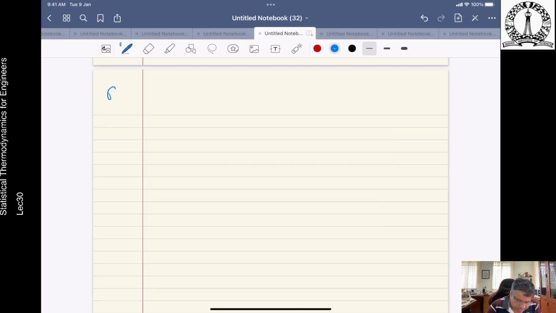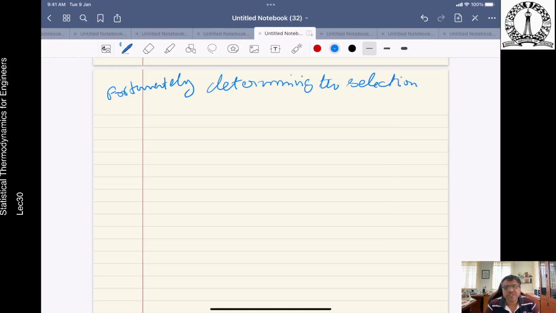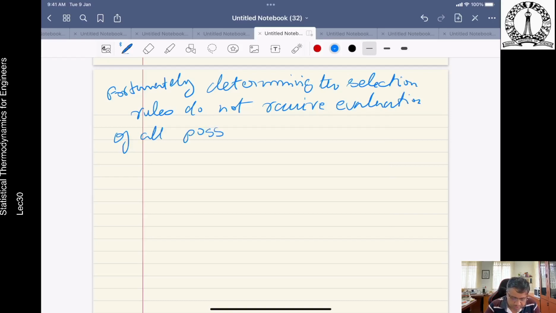However, fortunately, determining the selection rules does not actually require evaluation of all possible transition dipole moments. So this is good news.